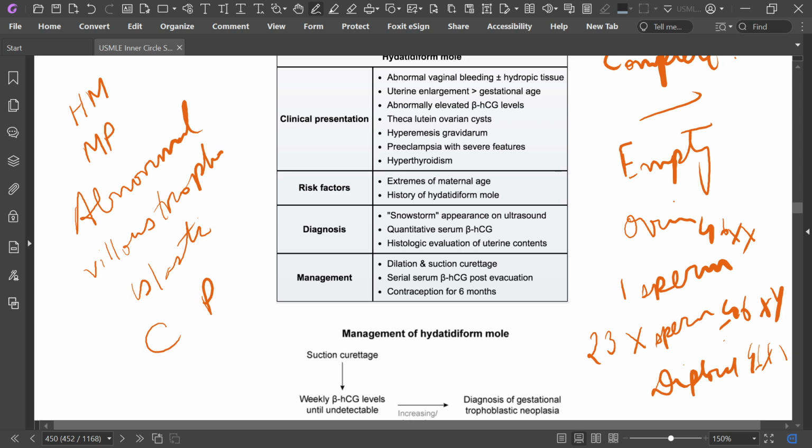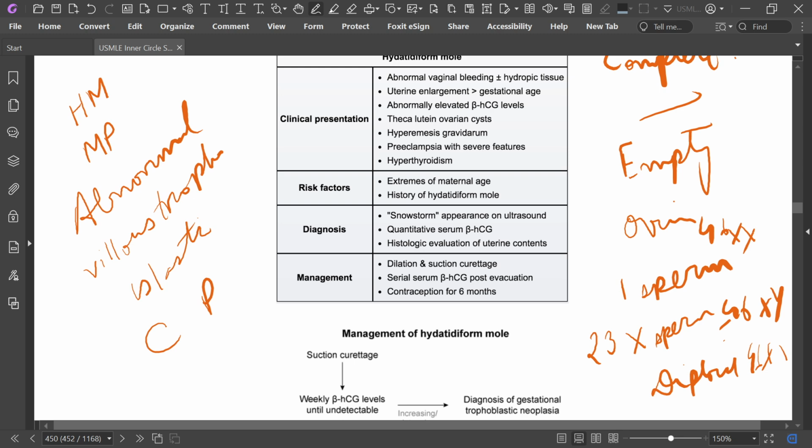All the genetic material is paternal, and as maternal genetic material is absent here, p57 is negative. The excessive trophoblastic proliferation characteristic of a complete mole leads to an abnormally high beta-hCG level.